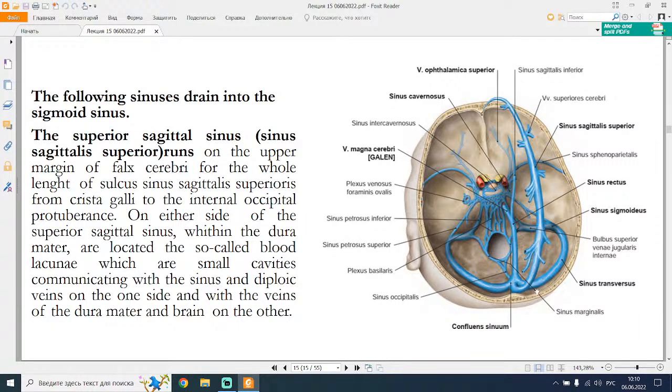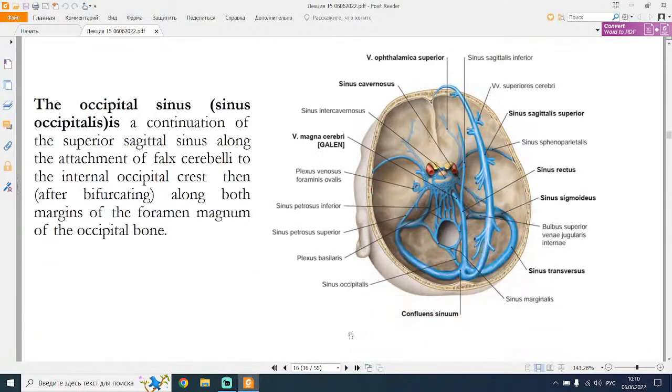This is sinus sagittalis superior. Next, the occipital sinus, sinus occipitalis.